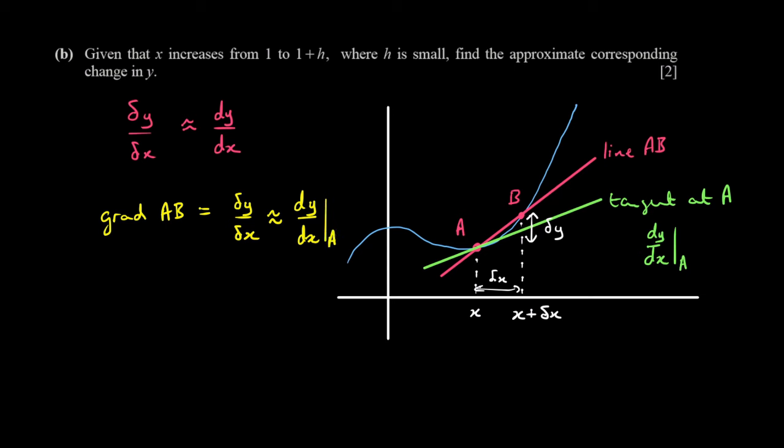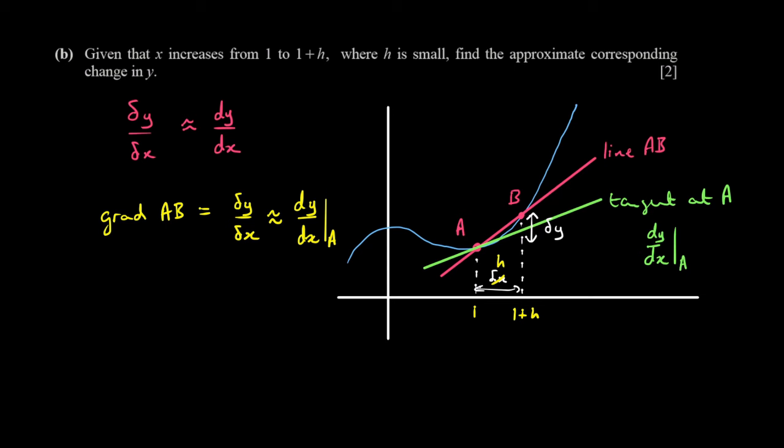Now, in our question, we've got our curve. Our x value starts where x is equal to 1. So let's get rid of this. We start when x is equal to 1, and we move across a distance h. So instead of delta x, we call it h, to the position 1 plus h.